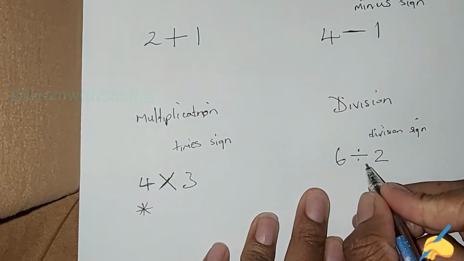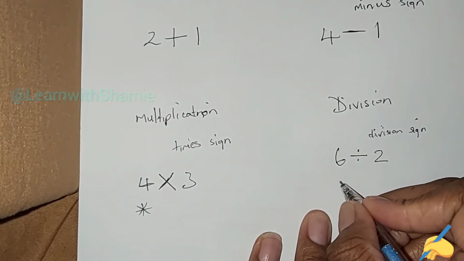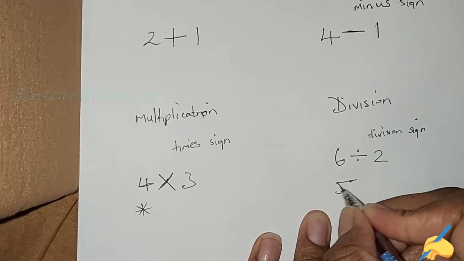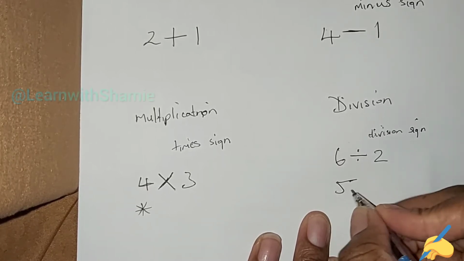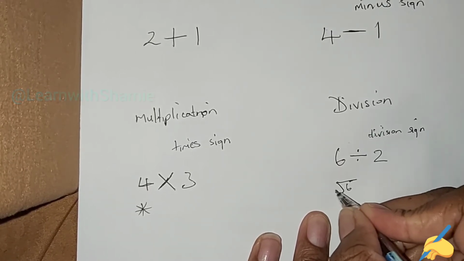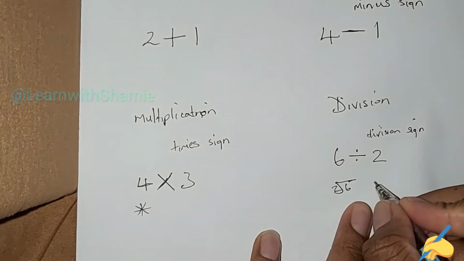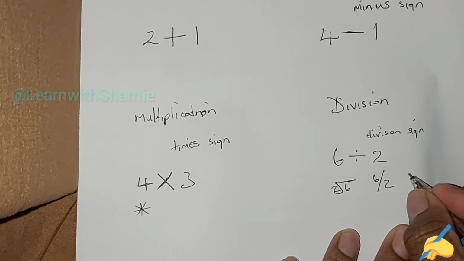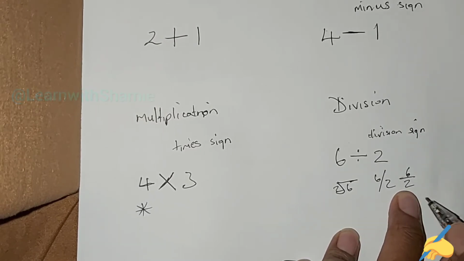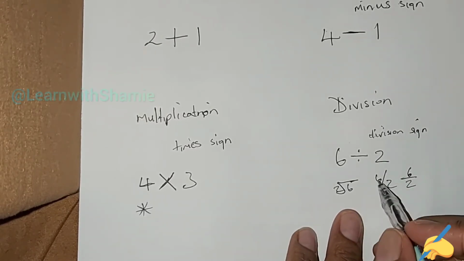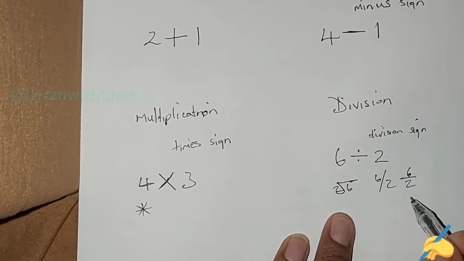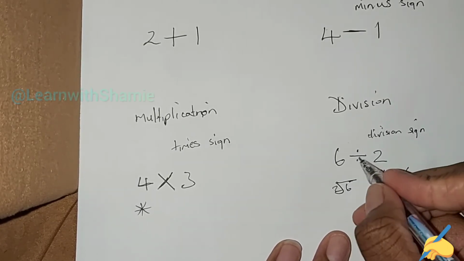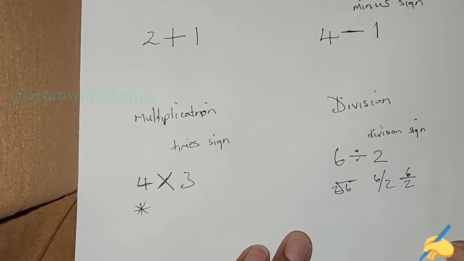There are other signs that are used as division signs as well. This one is most commonly used for long division. So you'd say 6 divided by 2, while the slash is used as well and the fraction line is used as well. So these are common signs that are used in division, but the main one is the division sign.